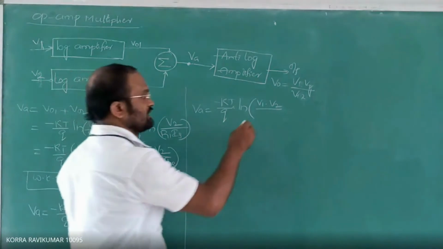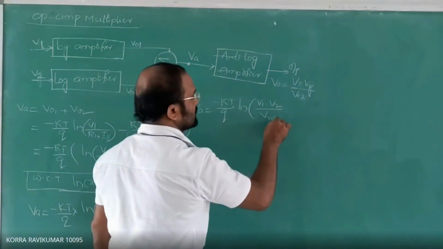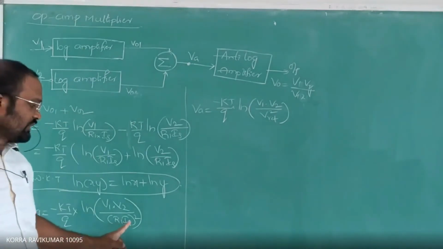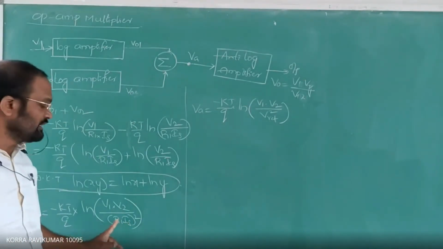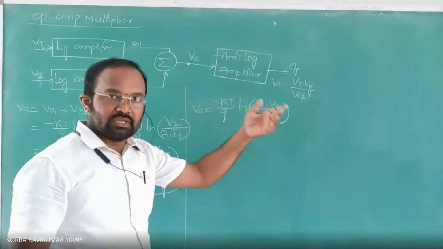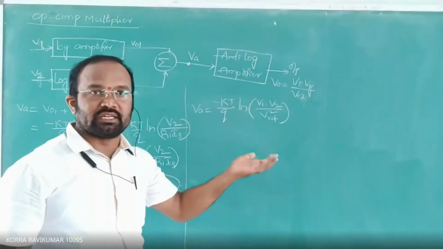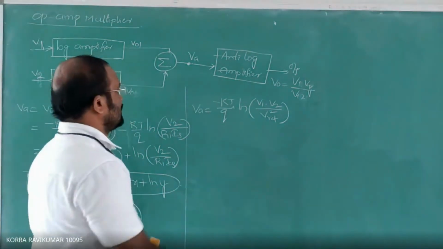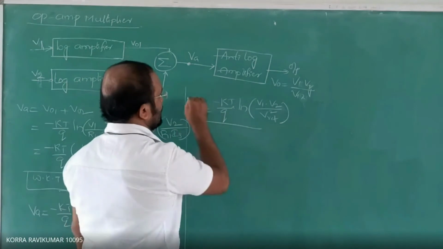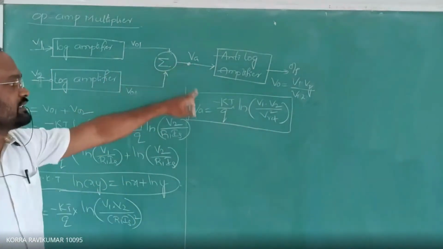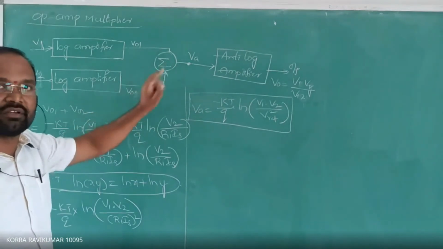I want to take it as V reference, V reference square, because R1 square into IS square, I into R equals V, whole square, so V square. Instead of taking it as V, I just want to take it as V reference square, just for better understanding. That's it. So this is the output of the summing amplifier. VA is the output of the summing amplifier.